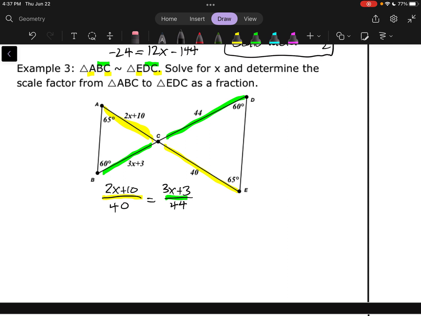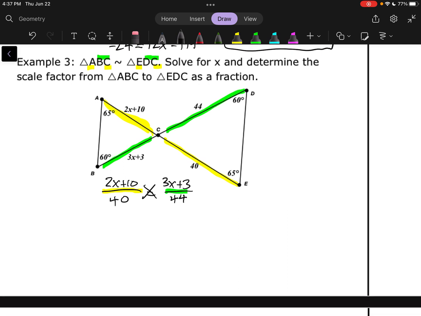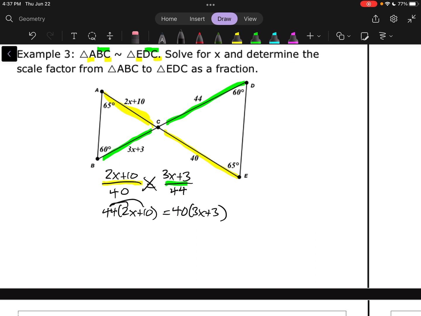Okay, so now let's deploy our cross multiplication. That should be 44 times 2x plus 10 is equal to 40 times 3x plus 3. Let's distribute. That's going to be 88x plus 440 is equal to 120x plus 120.